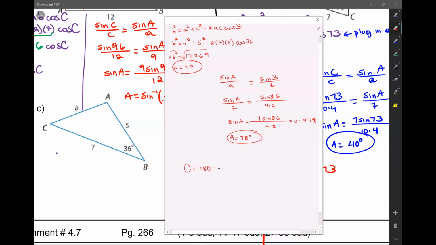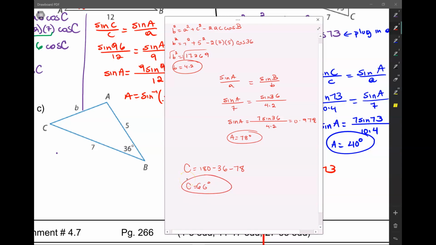So for C, we're going to do 180 minus 36 minus 78. Anybody else? What did you guys get for C? How much? 66 it is.